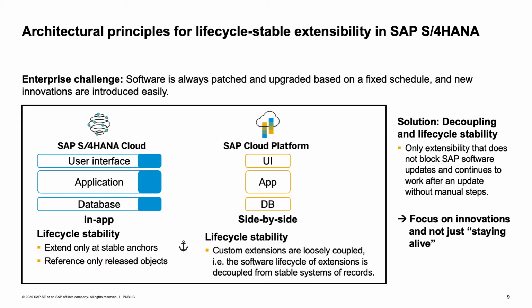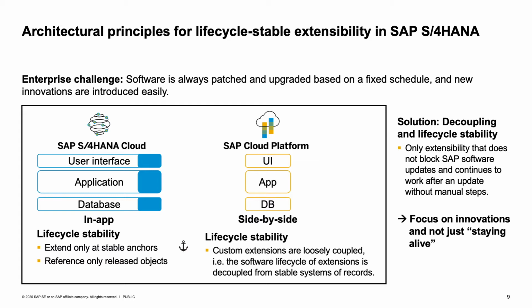You are loosely coupled. You call OData services in S4 and vice versa. But upgrades do not really harm you, because the OData services are kept stable in S4 over the releases. So this is lifecycle stability in SAP Cloud Platform comes by nature.